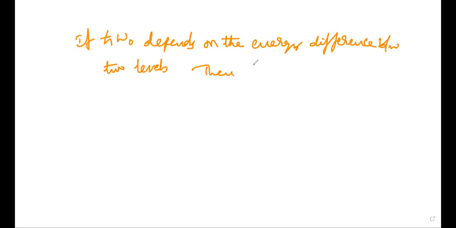Then h cross omega naught is equal to nu h cross B naught. The h cross cancels, then omega naught is equal to nu B naught.